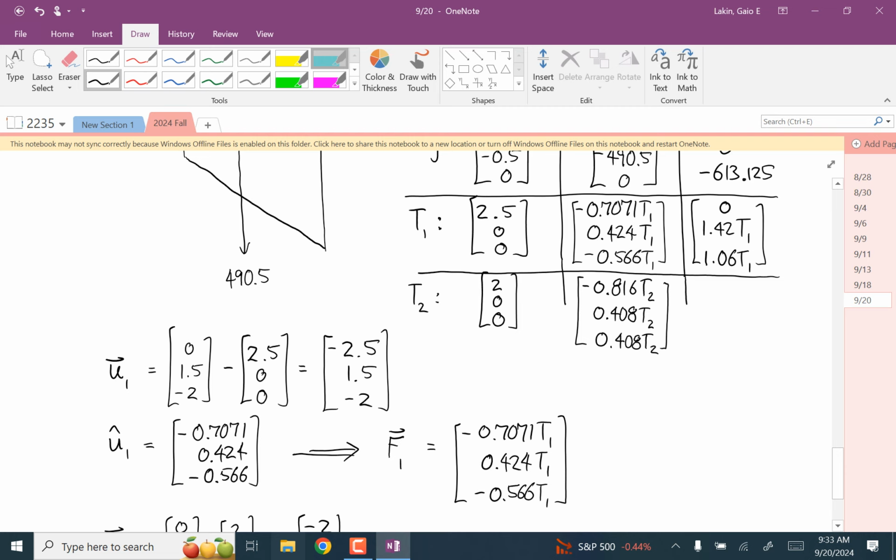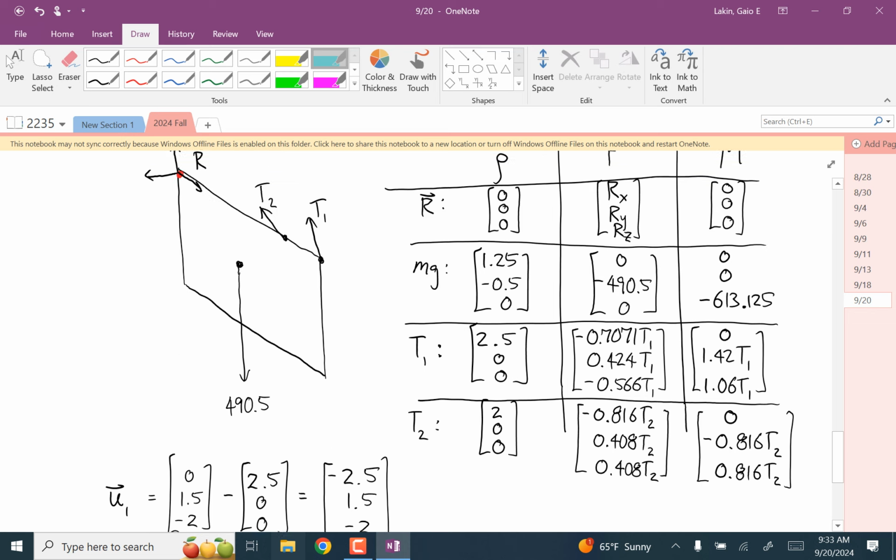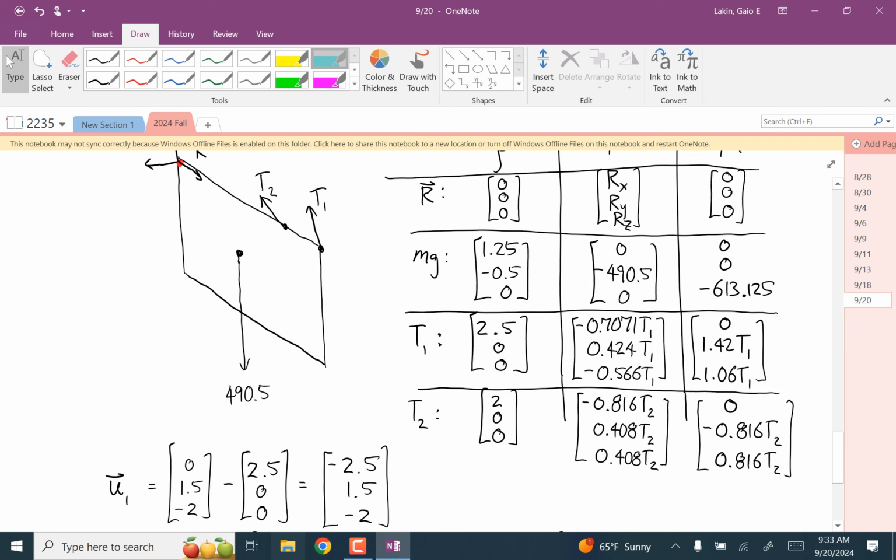Take the cross product of those two, and you get 0, negative 0.816 T2, positive 0.816 T2. Okay, so there's our complete table.